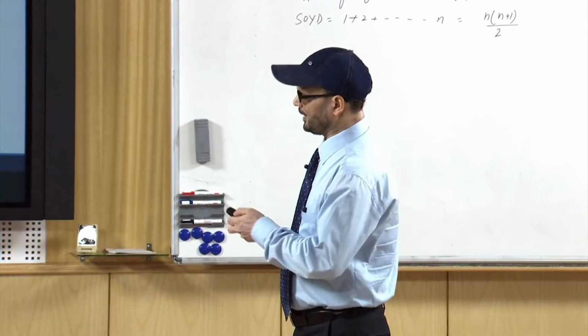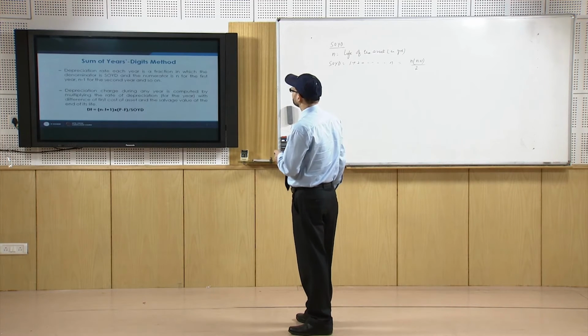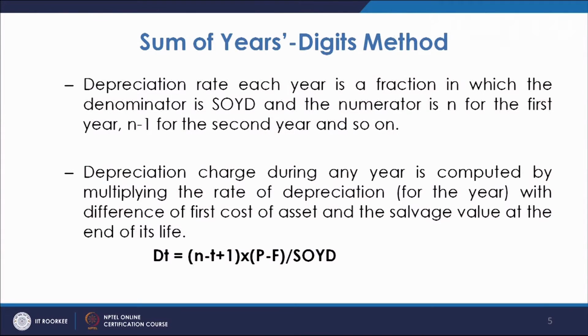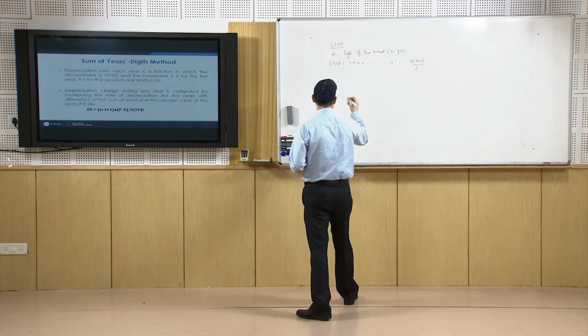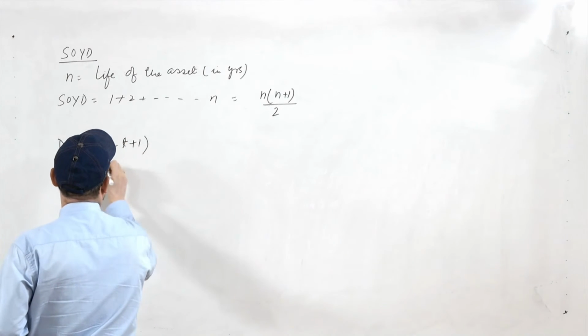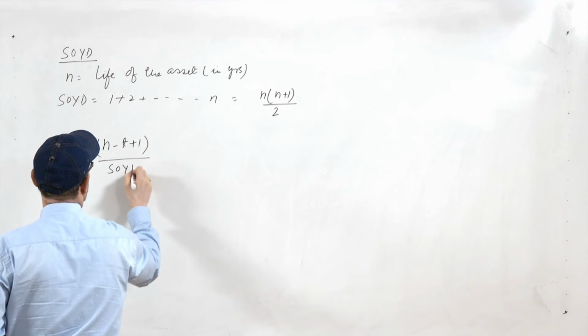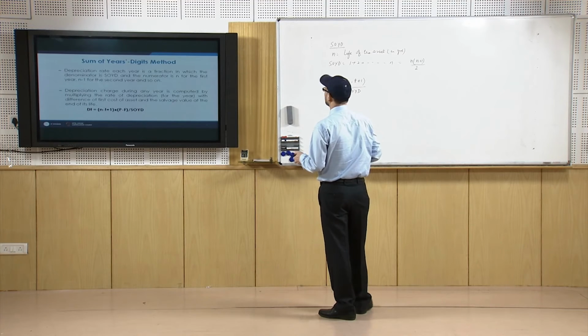This will be in the denominator, and the numerator is n for the first year, n minus 1 for the second year, and so on. So, basically dt is given as (n minus t plus 1) by SOYD into (present cost minus final salvage value).